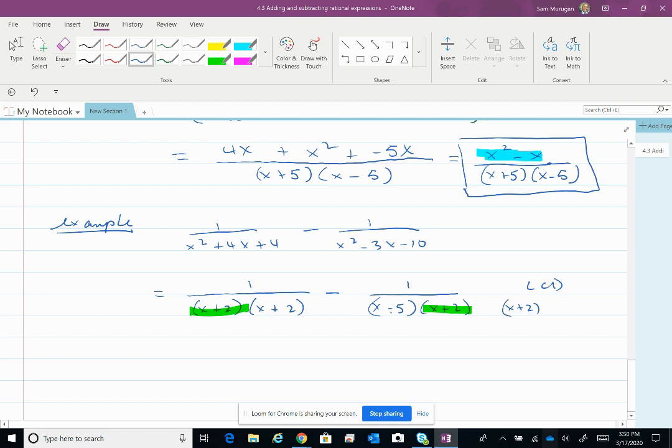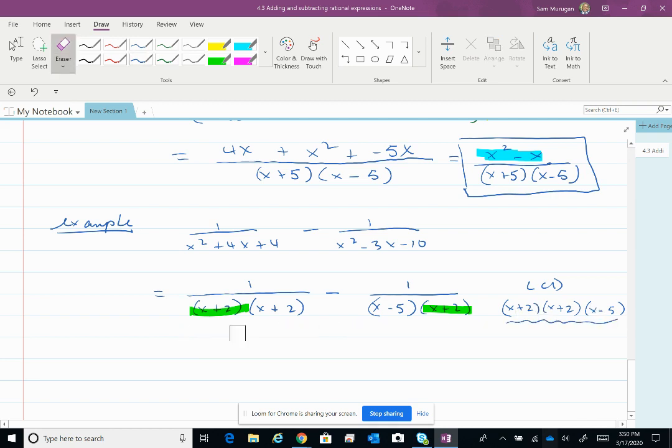Then we have an x plus 2 and an x minus 5 remaining. So we would have to multiply the first one here by x minus 5 numerator and denominator. And the second one, we would have to multiply by x plus 2 to get this common LCD here.